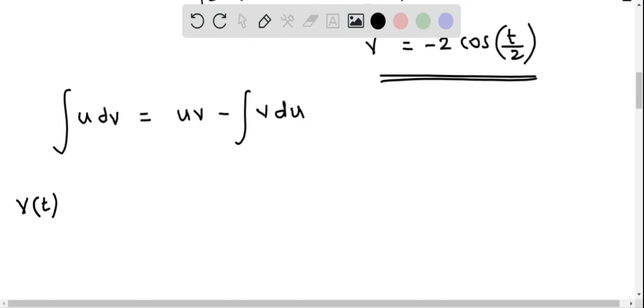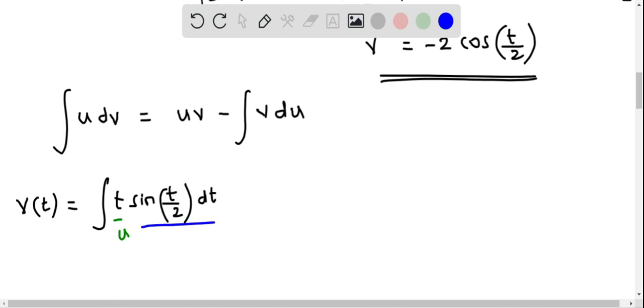We are given that v of t equals the integral of t times sine t by 2 dt, and we have chosen u as t, and the remaining terms including the dt as dv. So we can apply the formula which says that the integral of u dv equals uv minus the integral of v du.